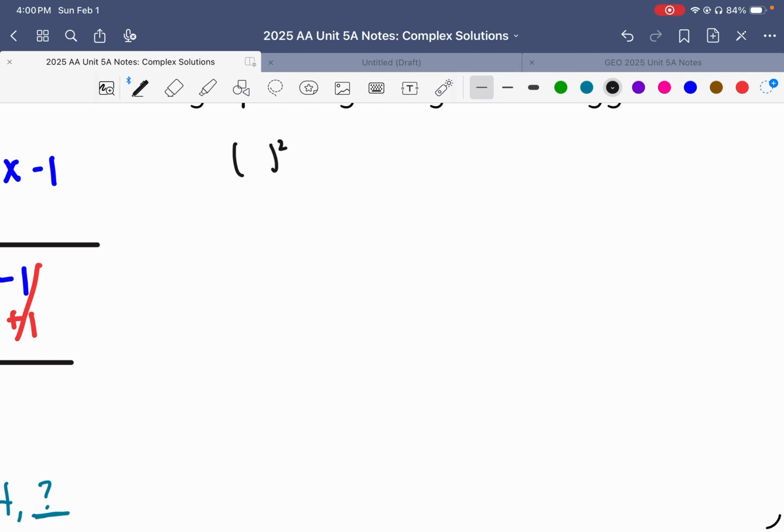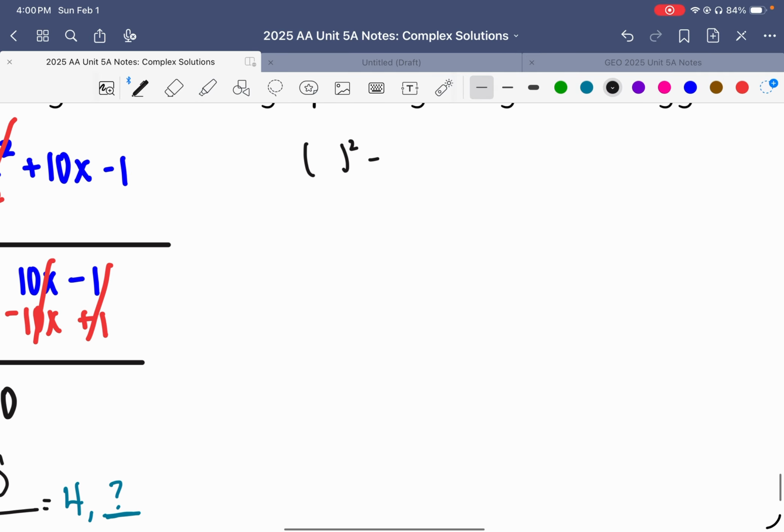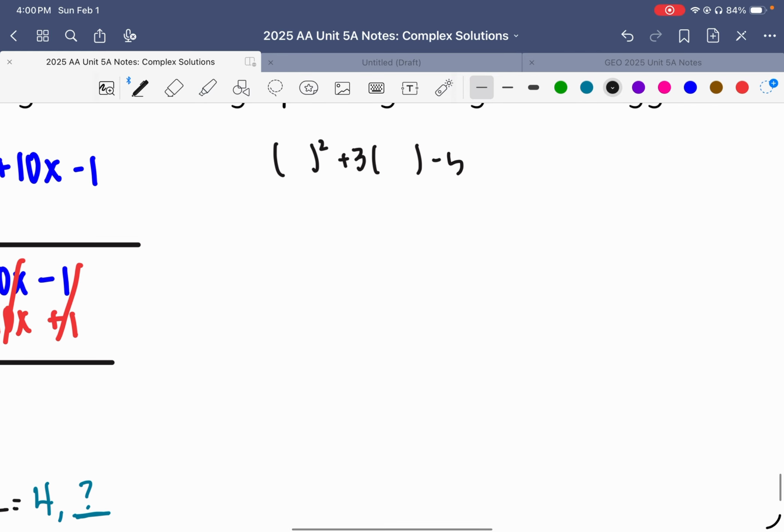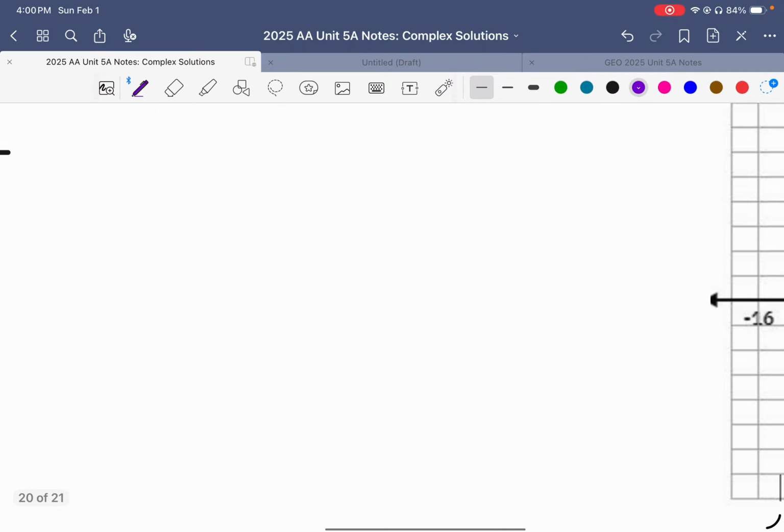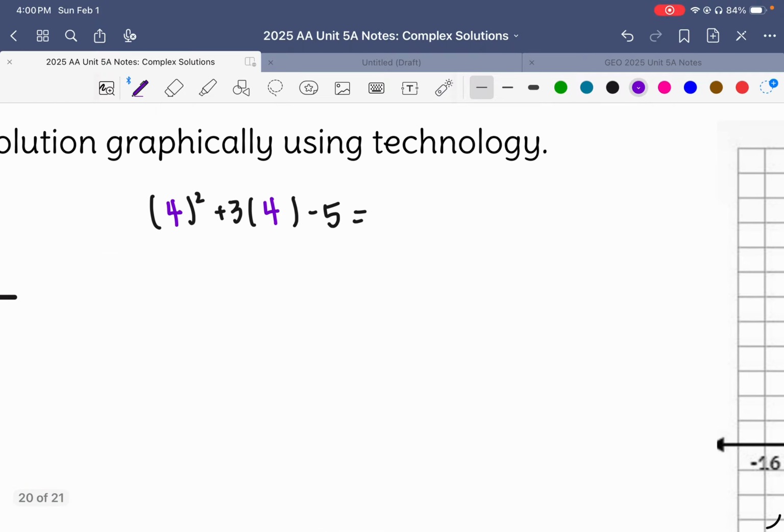We have x squared plus 3x minus 5, and I want to know what that gives me. 16 plus 12 gives me 23.